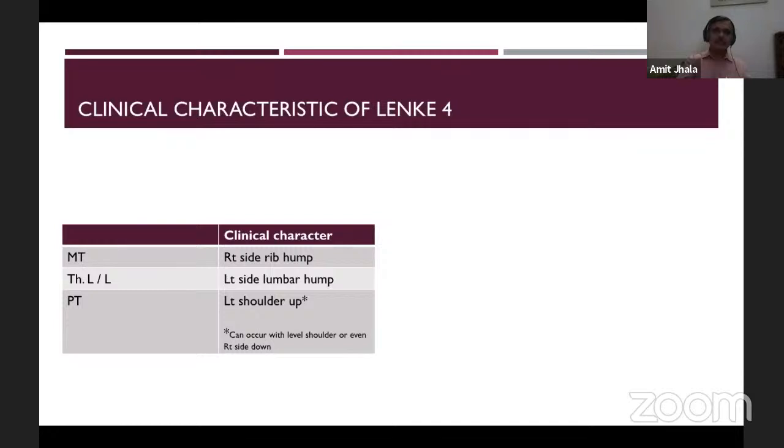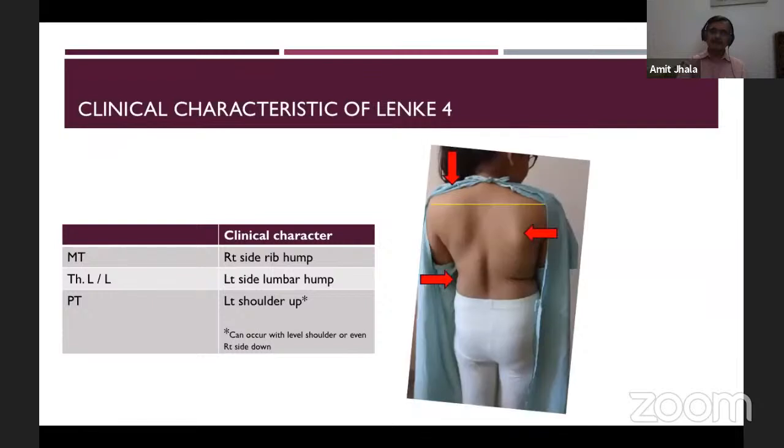So if you see the clinical characteristics of Lenke 4, which are very important, if the main thoracic curve is there, you will get a right side rib hump. Thoracolumbar and lumbar will give a left side lumbar hump, and for the proximal thoracic, as I said, you have to look at the left shoulder being up. It's not always so, but the majority of the time, if you have this, then you will find that this is the triple major.